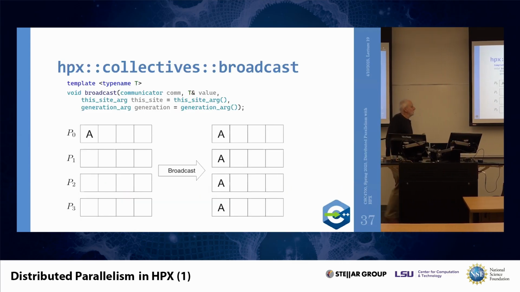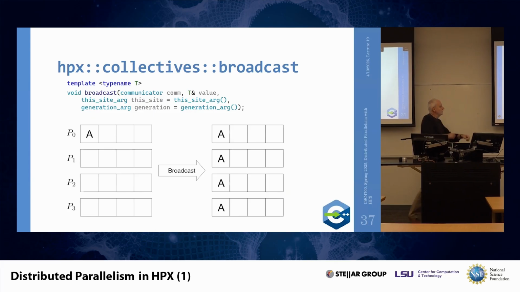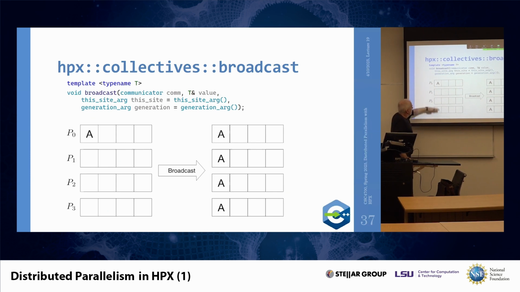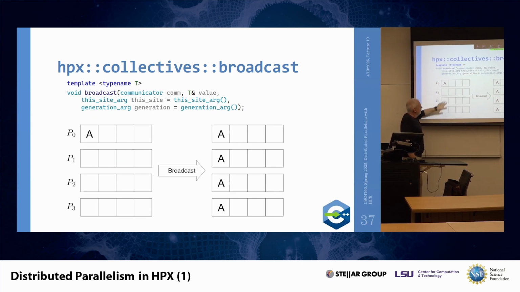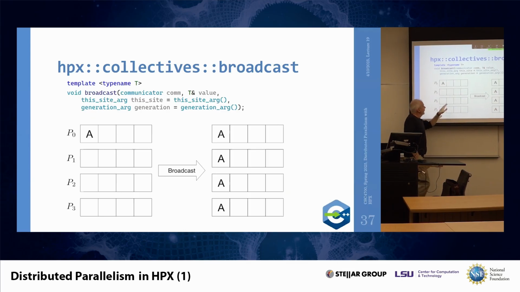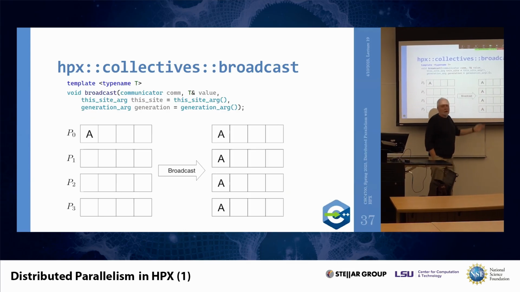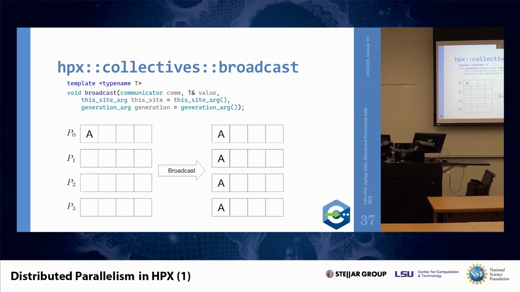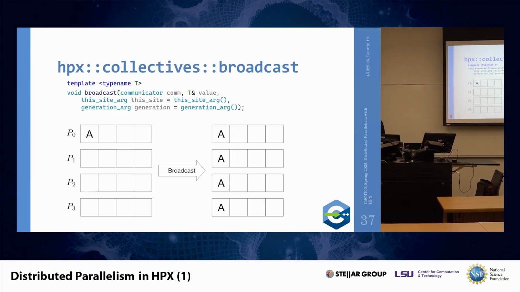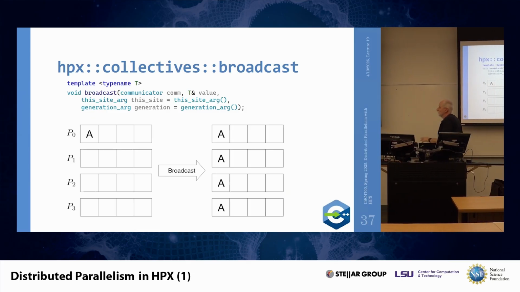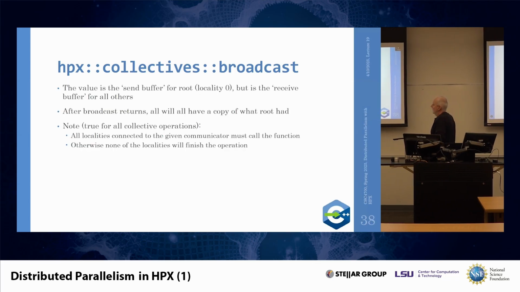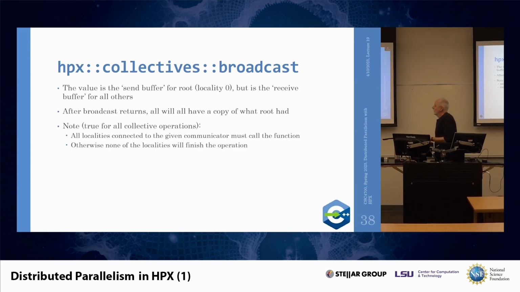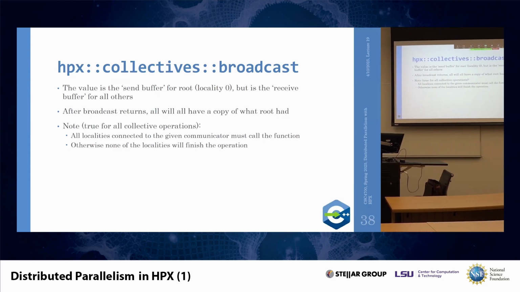Just to sum up, to give you a pictorial representation of what broadcast actually is, you can think of a set of localities which have a set of variables. In this case, it's variable A. And after the broadcast operation, all of them have A. So it's a simple way to understand that. The broadcast takes the communicator and the value, and the rest you can just take as it is. You don't have to specify that. So the value is the send buffer for locality 0, but is the receive buffer for all the others.